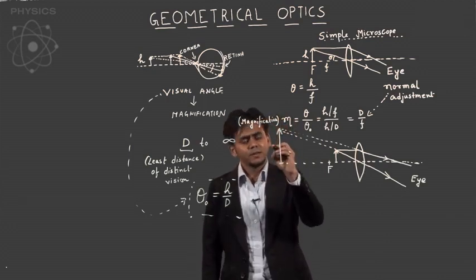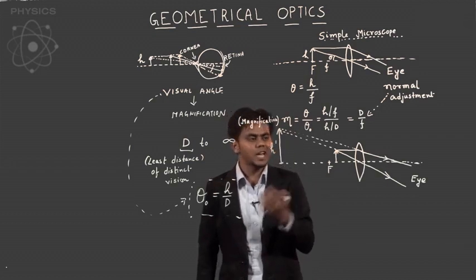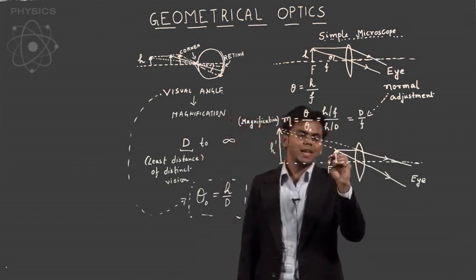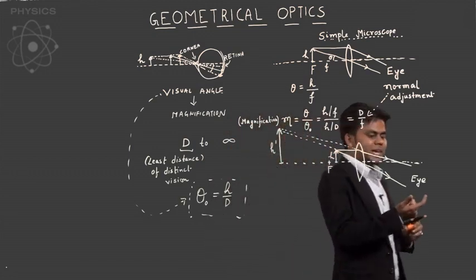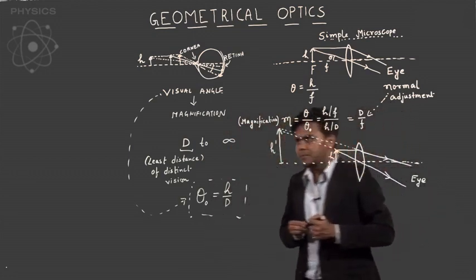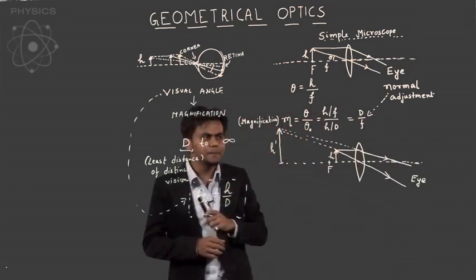Now, this length over here is your h prime or h dash. This is your h. Now, my eye can only see objects between d to infinity.